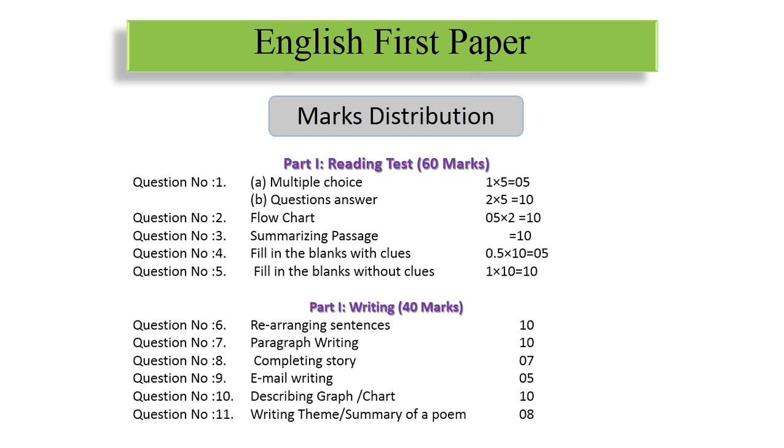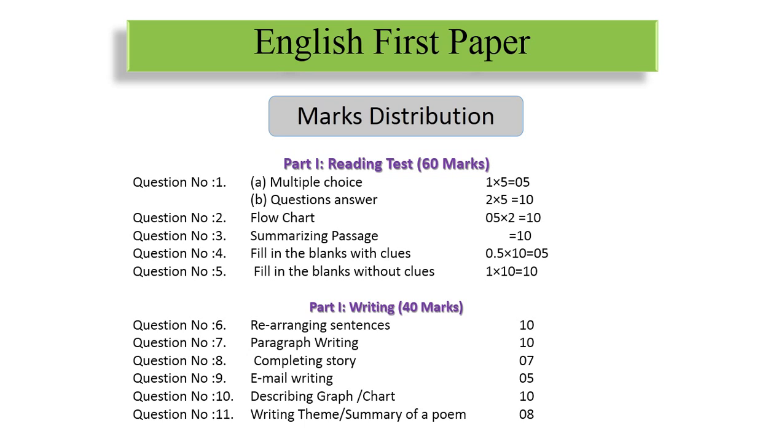Flowchart will be based on a passage. There will be a passage from your EFT book, English first paper textbook, and you will have to write down 5 points. The question will be like this: read the following text and make a flowchart showing the specialities of Gazipur, and there will be in brackets, one is done for you.